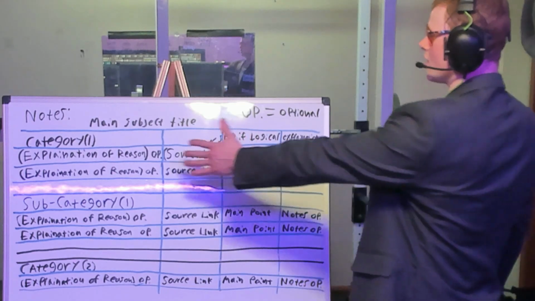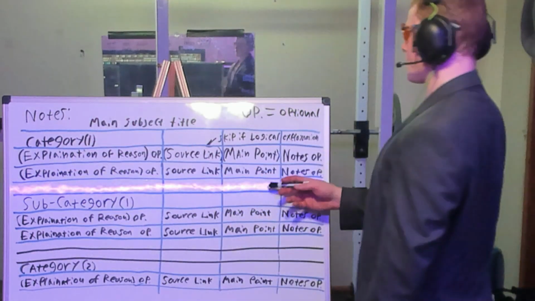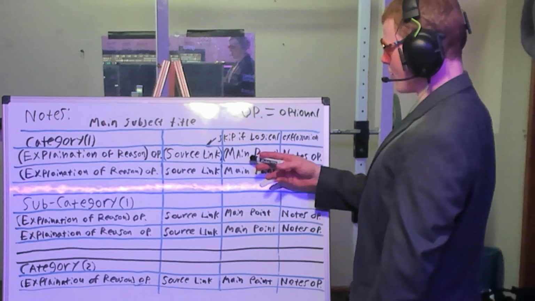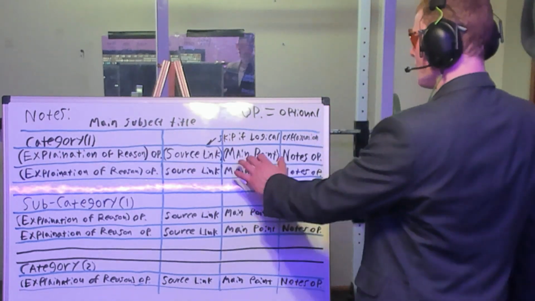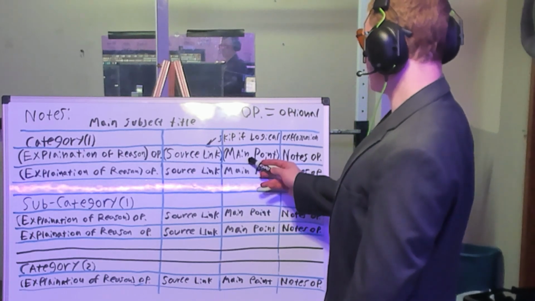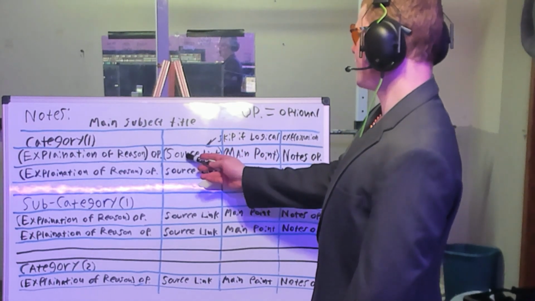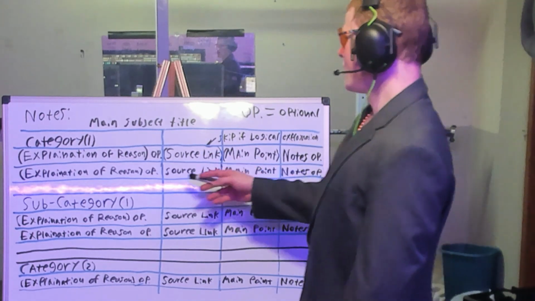The first thing you're going to do after you create the category is you're going to go to the third box over here. This is going to be your main point right here in the third box right underneath the category. Main point. Okay? Next, you're going to go right to the left of the main point in the third box, and you're going to link your source to where you got the information for that.